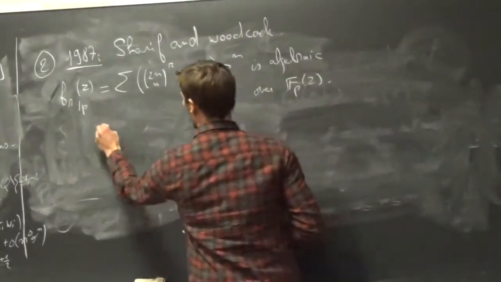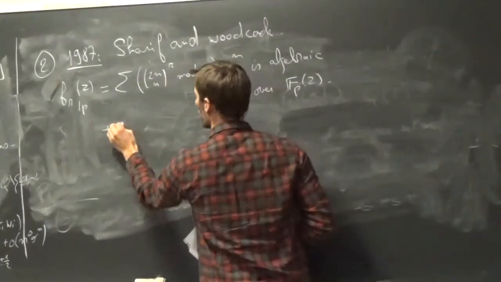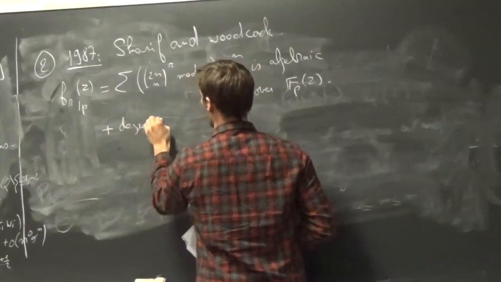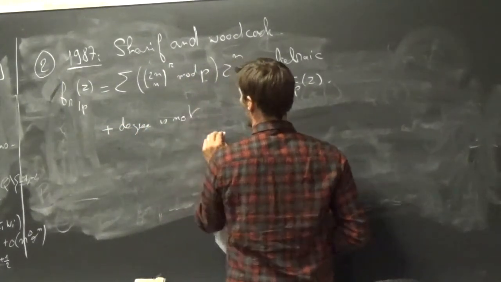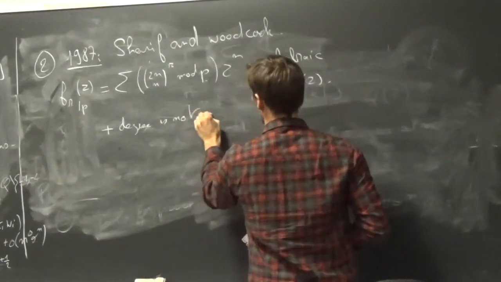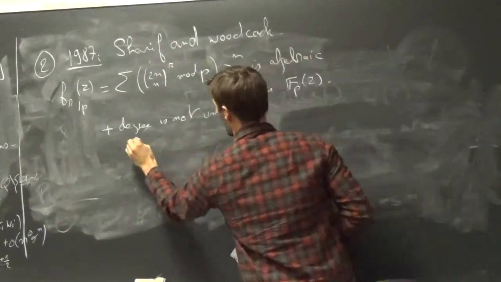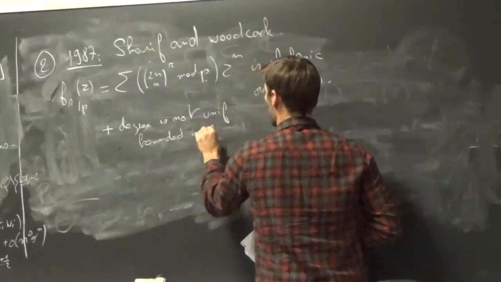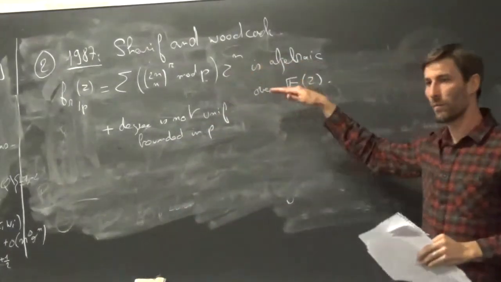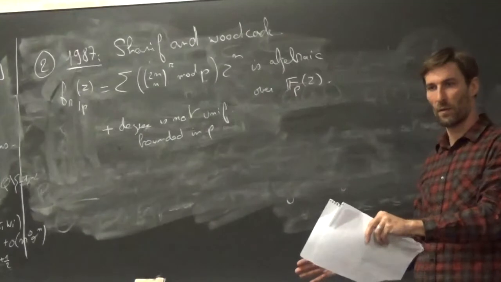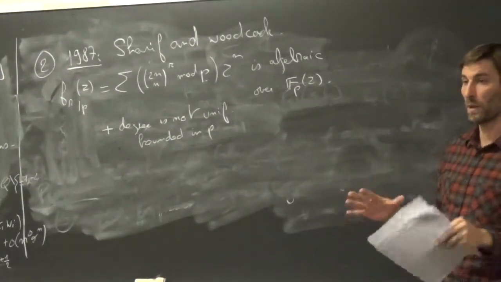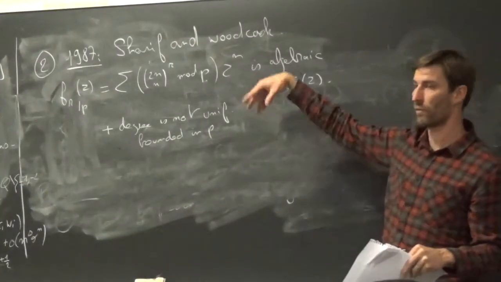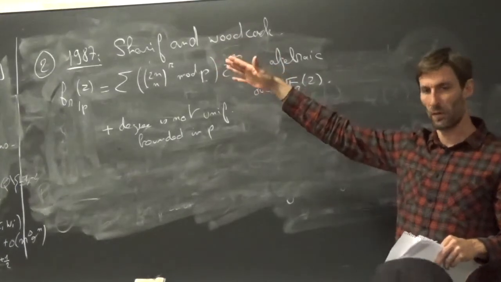Plus some work to prove that the degree is not uniformly bounded in p. So you can reduce, and for each prime it's algebraic, but the degree when p moves cannot be uniformly bounded, so this proves that the function is transcendental.